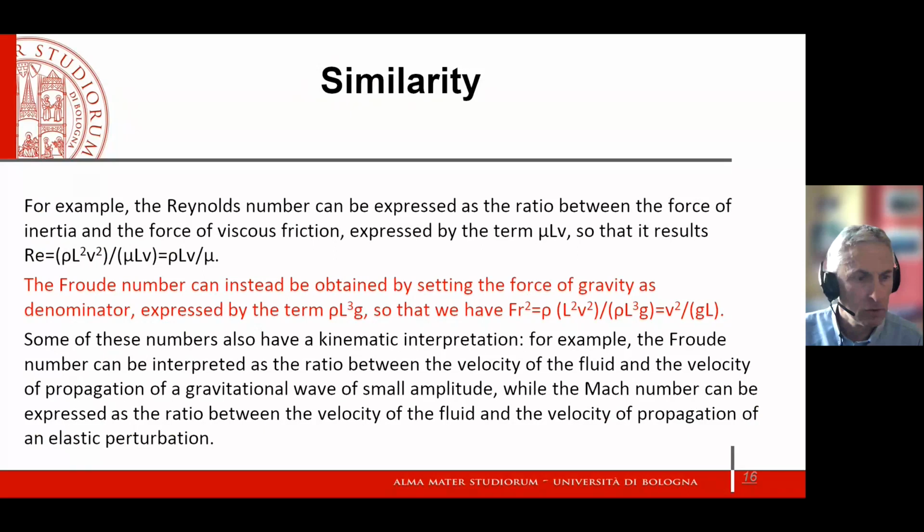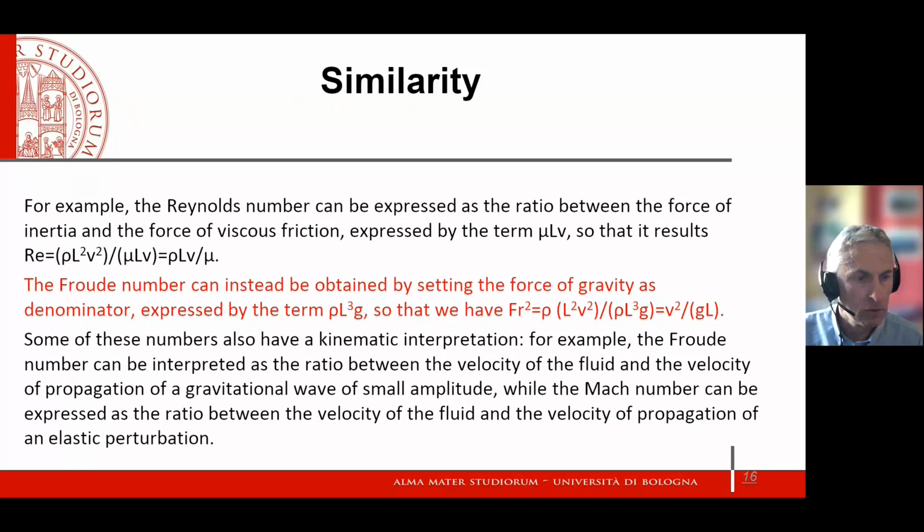This is physically reasonable. If you think of a fluid with a strong velocity, of course, it has a huge inertia, which means that this force of inertia is much larger than the force of viscous friction, which is something that is relevant when the fluid moves with a limited velocity.